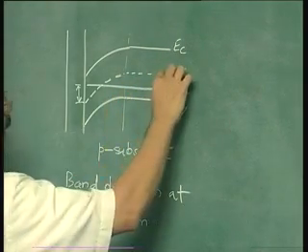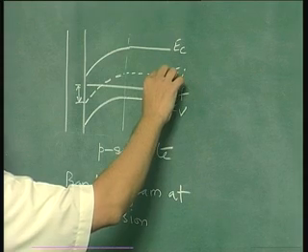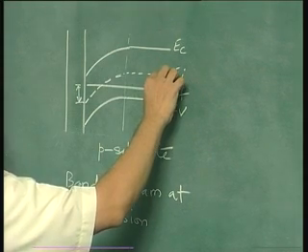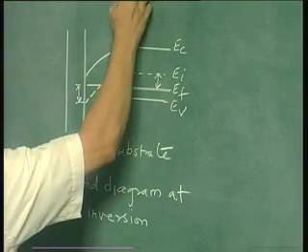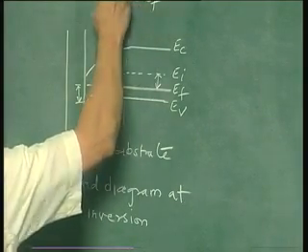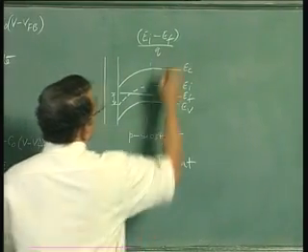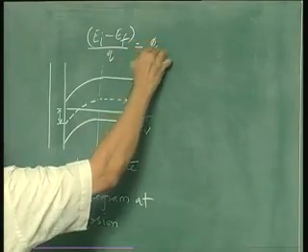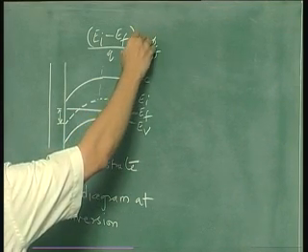Now this difference, Ei minus Ef, is referred to as phi f into q. So Ei minus Ef, the difference between the Fermi level and the intrinsic level, is normally referred to as the Fermi potential, the symbol phi f.